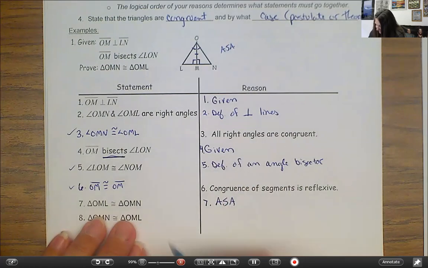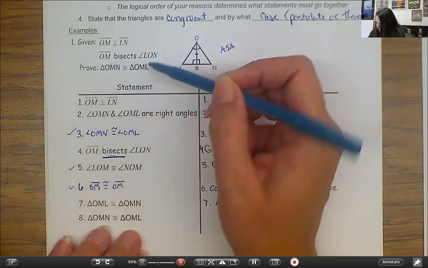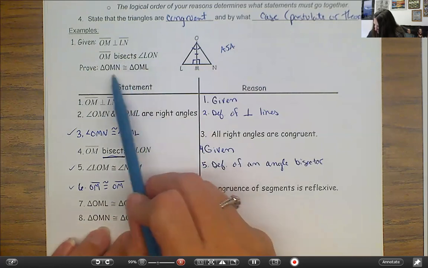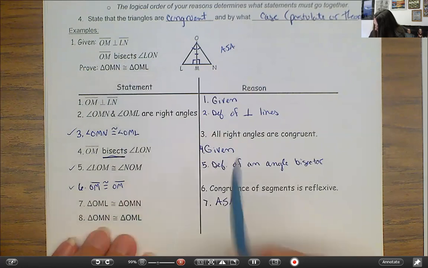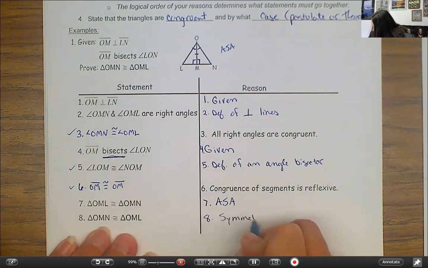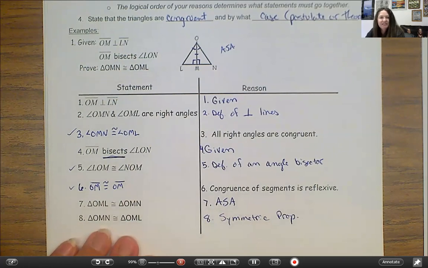Now, in this case, I could have just written it like this statement here, but if I had done that, it didn't match up with the proof statement itself, that OMN is congruent to OML. We just switched those around. So you can use your symmetric property to switch that. Or you didn't even really need to write in step 7. You could immediately have gone to step 8.